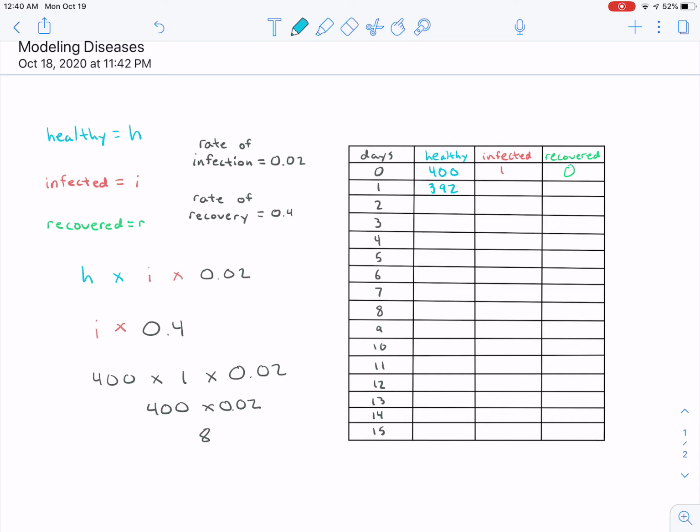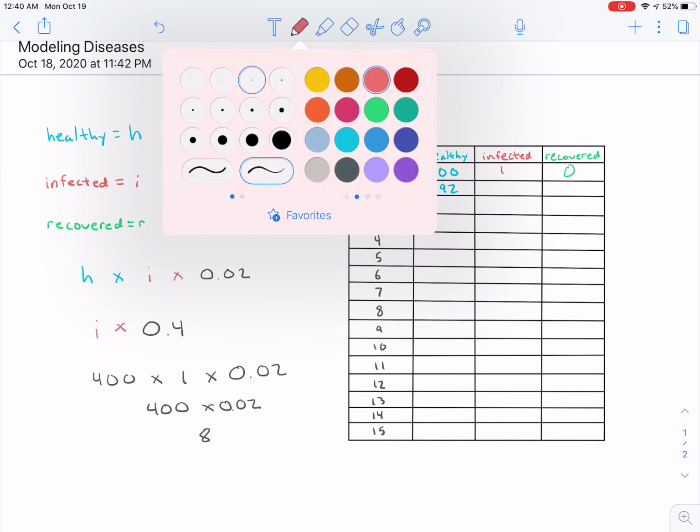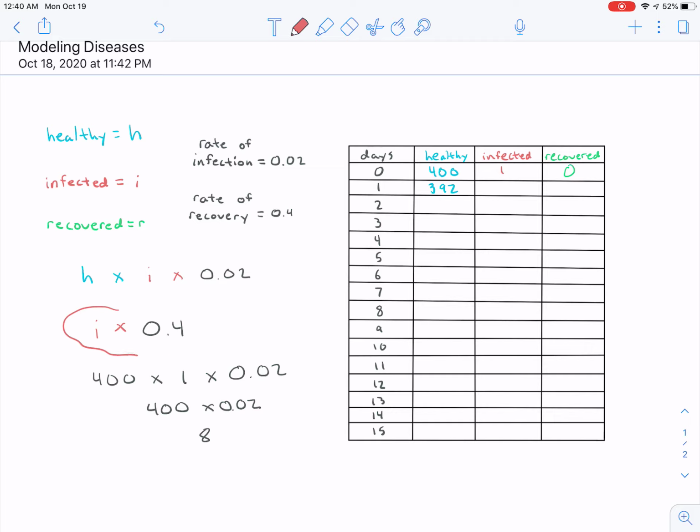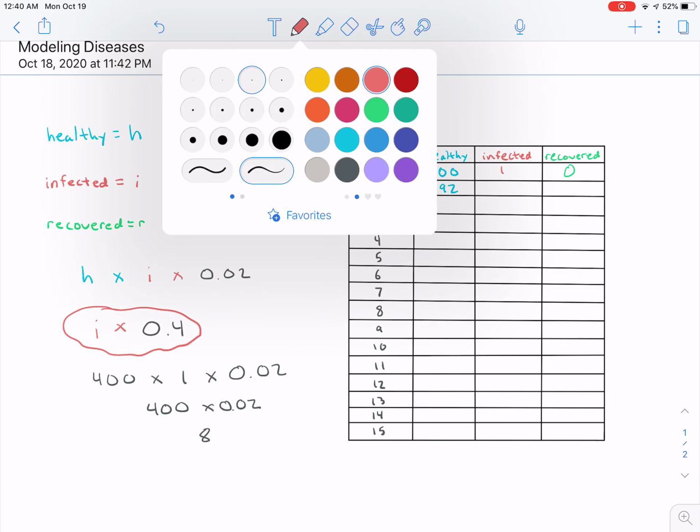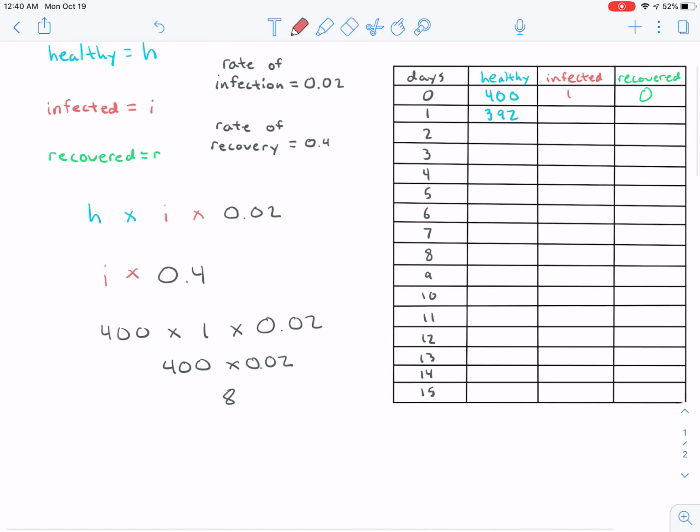If we want to find out how many people are recovered, we use the recovery rate equation, this thing. So we take the amount of infected people, which in this case is 1, and we multiply that by the rate of infection, which is 0.4, and we get, well, 0.4. You might be asking, well, how do you recover 0.4 people?